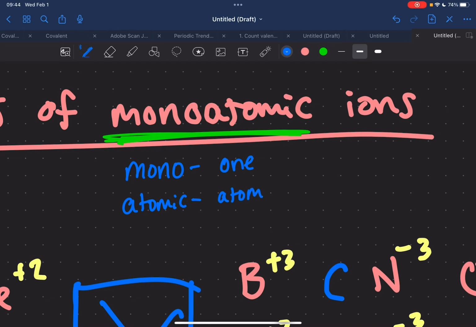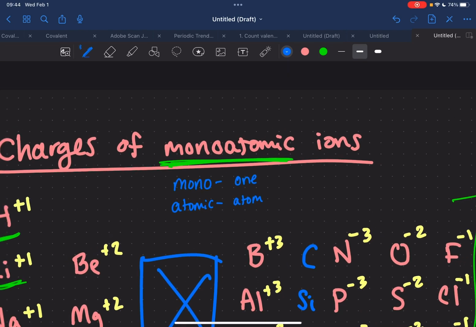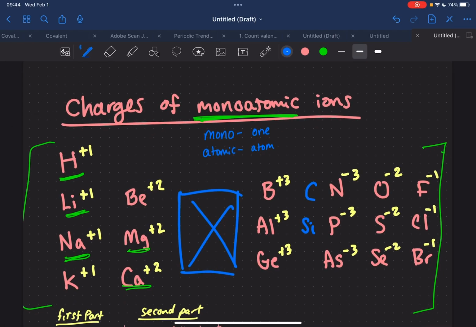So that's what that means. One atom, monoatomic. So in a beryllium ion, a magnesium ion, calcium ion, sodium ion, all of these, it's just one nucleus in that ion.